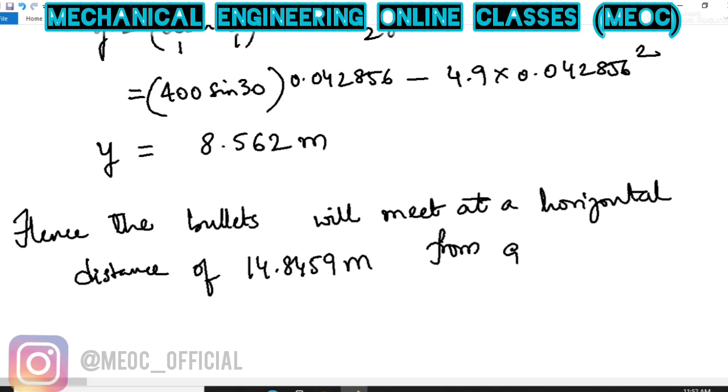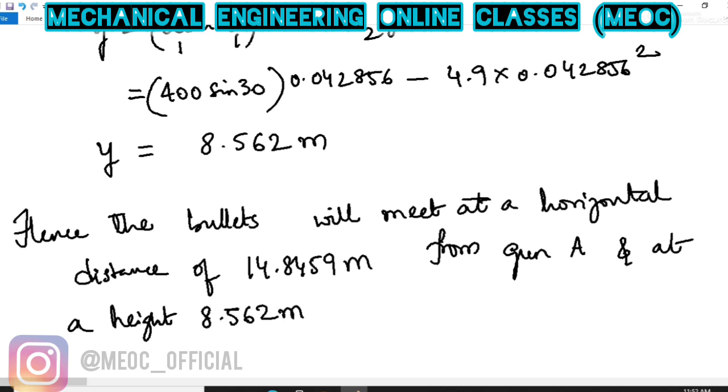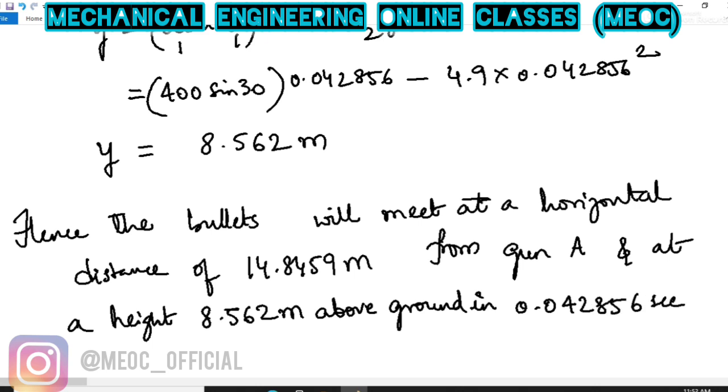From gun A. If you are finding x2 and you want to write it in terms of x2, you have to write it as from gun B or from point C, and at a height 8.562 meters above the ground in 0.042856 seconds.